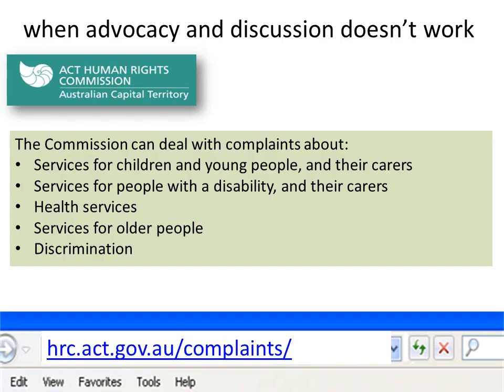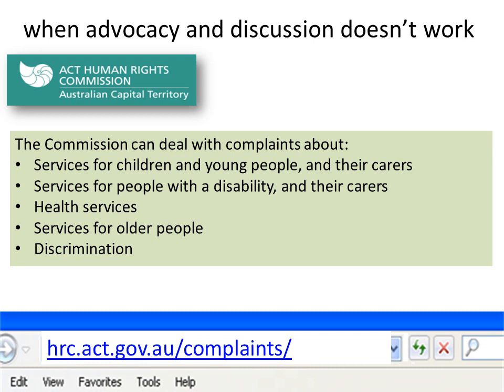Okay, so the first one is the ACT Human Rights Commission. Keep in mind, I'm not going to tell you all of these commissions or ombudsmen. I don't know the difference between an ombudsman and a commission, I'm sorry. And it's not important for our purposes, but I can look it up later.